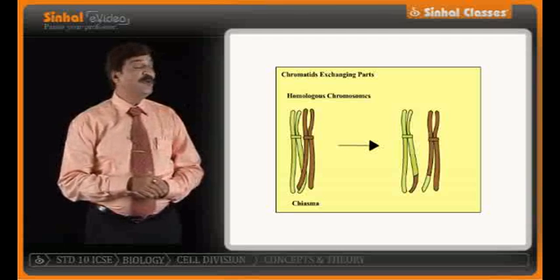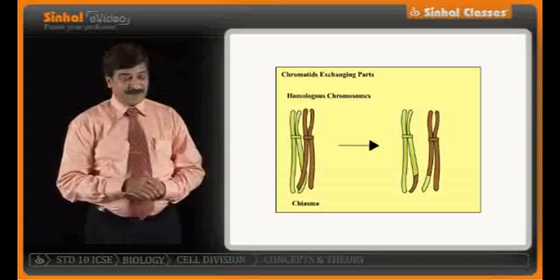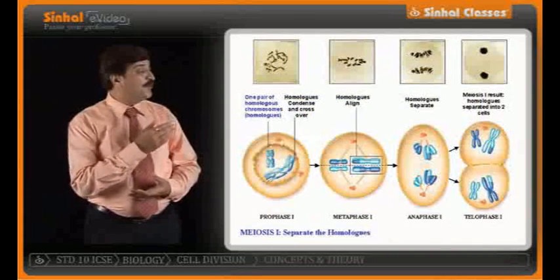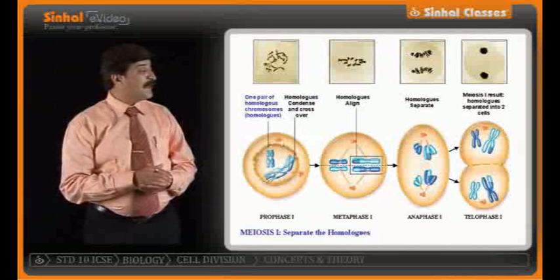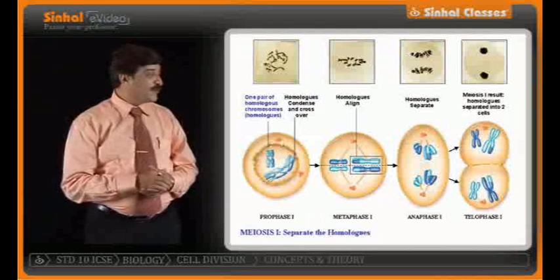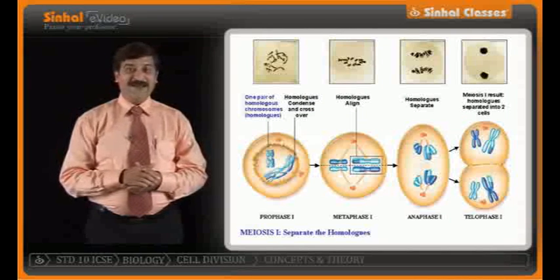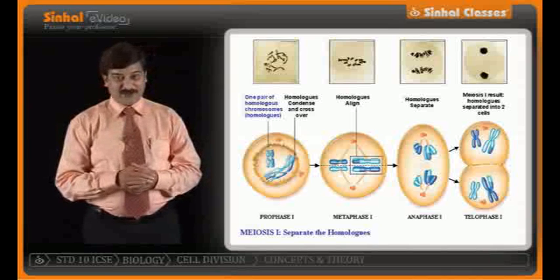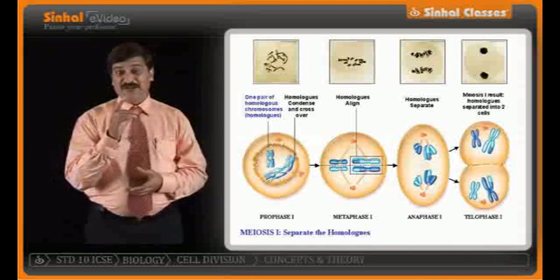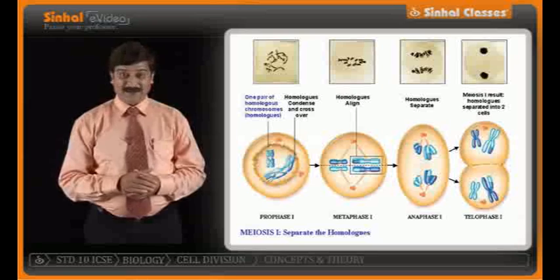This leads to a new combination of genes in the sex cells. The nuclear membrane disappears, the chromosomes move apart and become separate, and 2 new cells are formed. So, the process of crossing over is called chiasmata formation. The point of intersection, please remember, is called chiasma, and the plural of that is chiasmata.